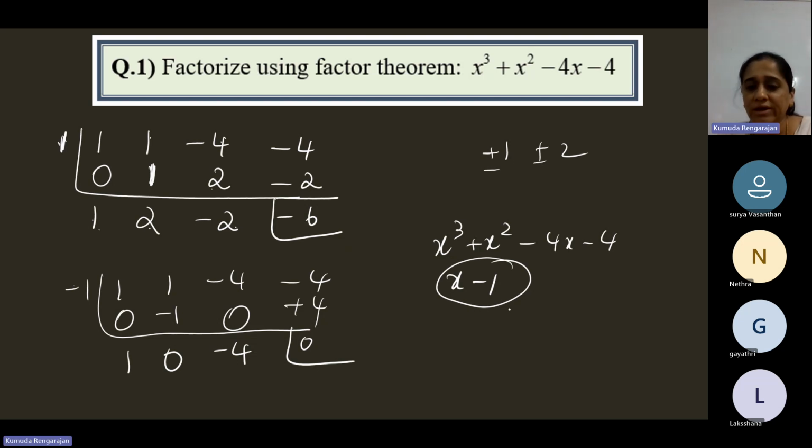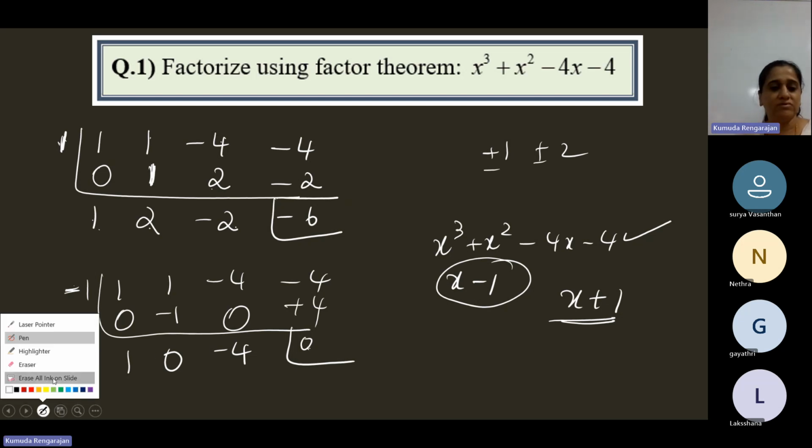This means when you divide the given cubic polynomial by x plus 1, you've used minus 1 here, right? So the remainder is 0. That means x plus 1 is a factor of the given cubic polynomial. So like this, find one factor.